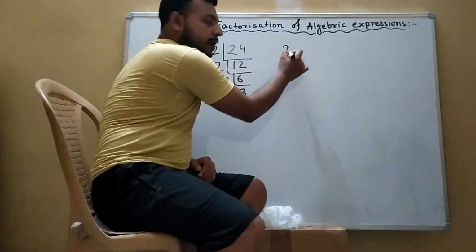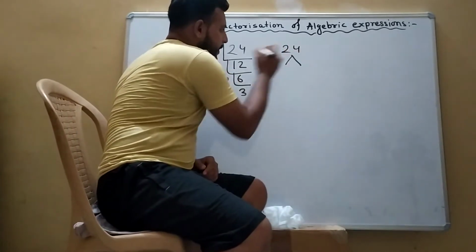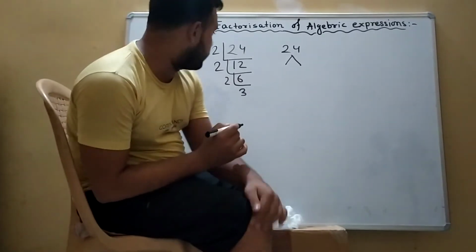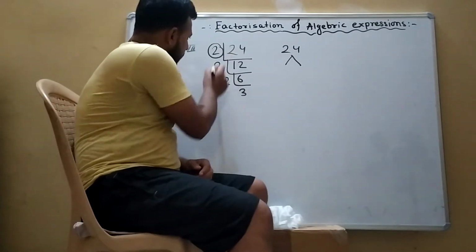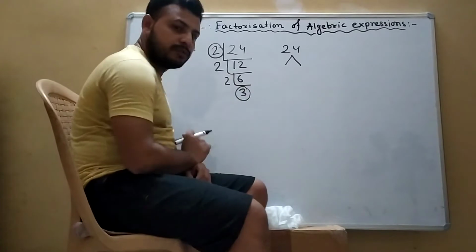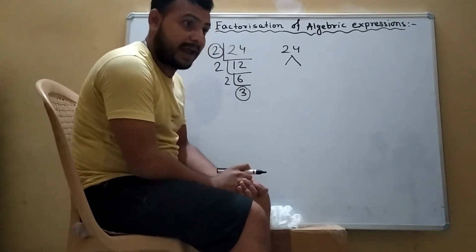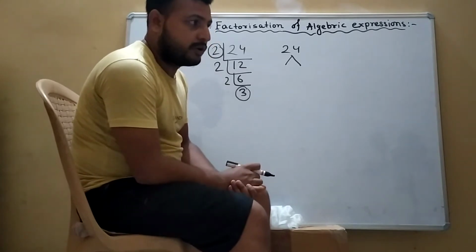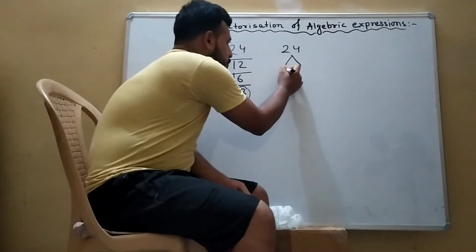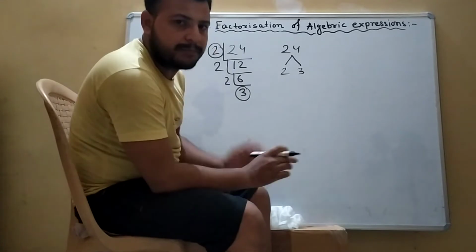So the prime factors of 24 are 2 and 3. These are the prime factors.